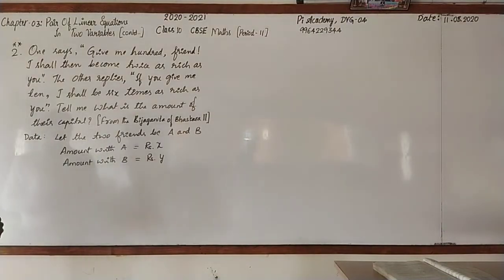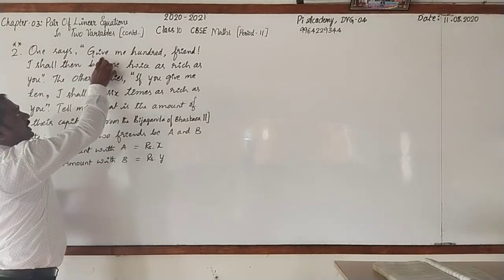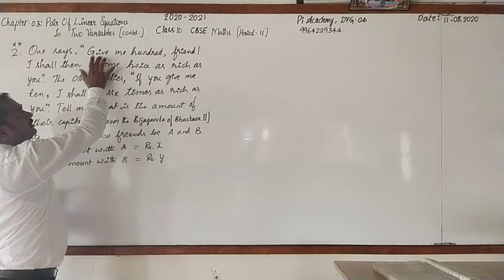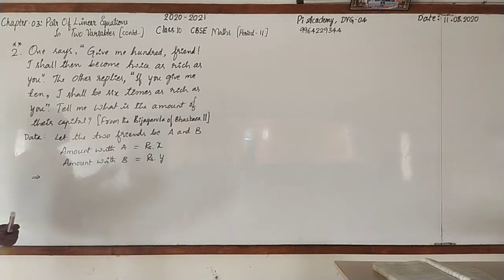Now let's move on to the given statement. What is that? See that. Here, first friend A will ask, give me 100, then I will become twice as rich as you.